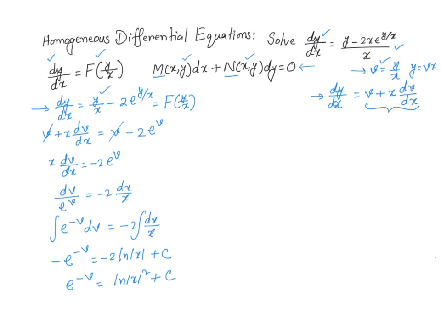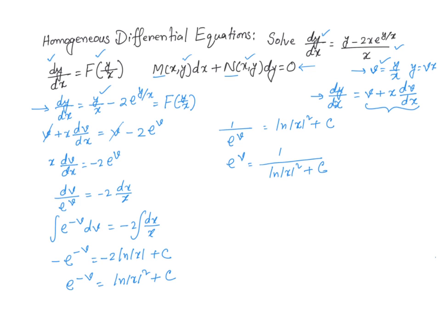Now that could further be simplified to 1 over e to the power v is equal to ln of absolute value of x square plus c, that I could rewrite as e to the power v is equal to 1 over ln of absolute value of x whole square plus c.